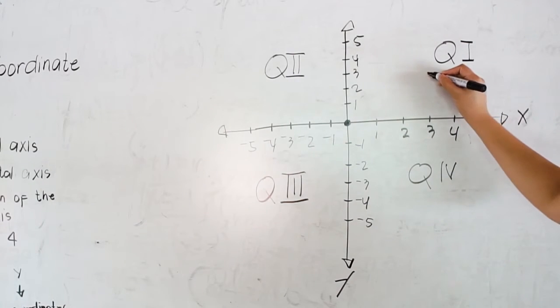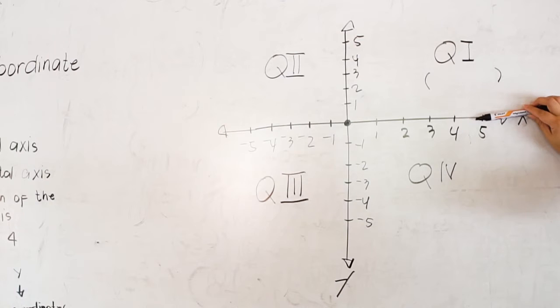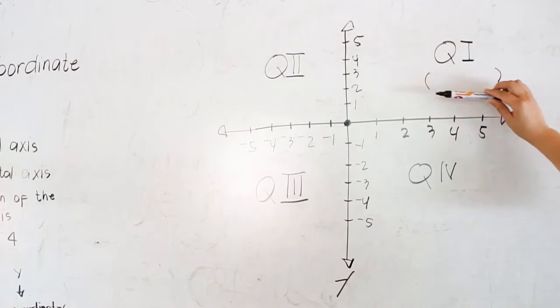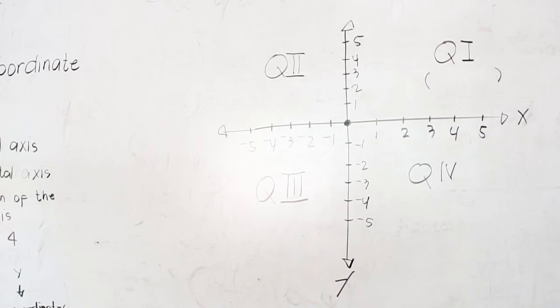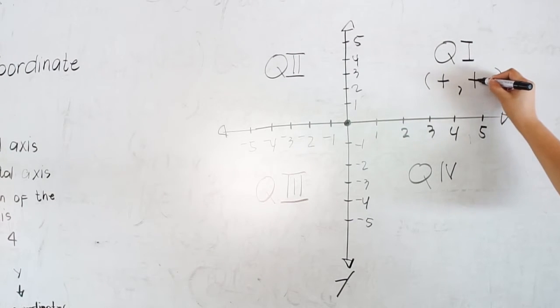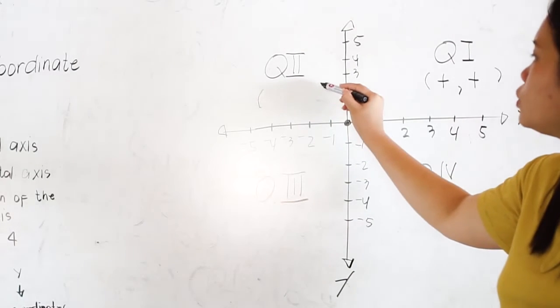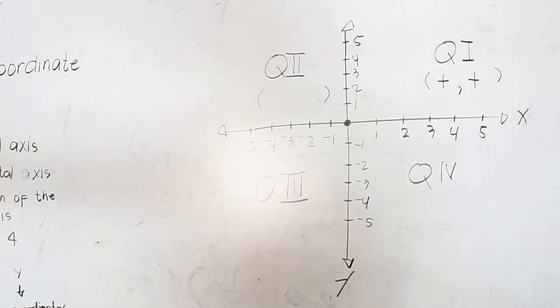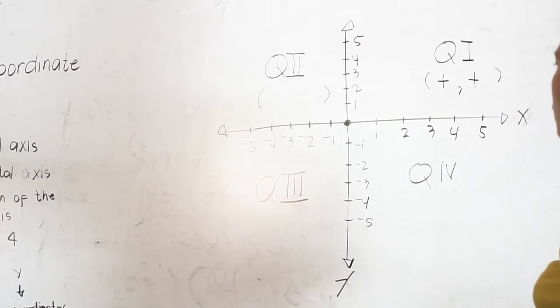So quadrant 1 is positive and positive, meaning positive x and then positive y. So we will put it here, positive and positive. Next is quadrant 2. X is negative and y is positive.